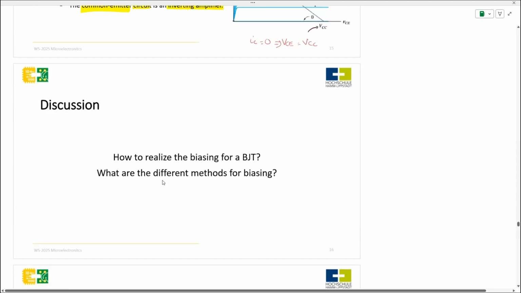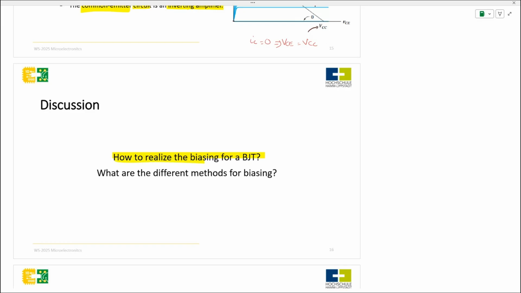Okay, so we will be moving to the next part. How to realize the biasing for the BJT as a first question. Sorry, how to realize the biasing of a BJT.